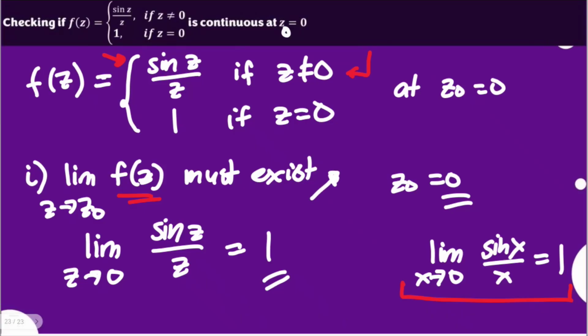Pardon me if I'm not going to show you the derivation for that. You might want to check the description below, where I'm going to place the link to the video discussing this on one of the playlists in our channel, because this is already accepted to be true. If we substitute 0, sine 0 over 0 is an indeterminate form.